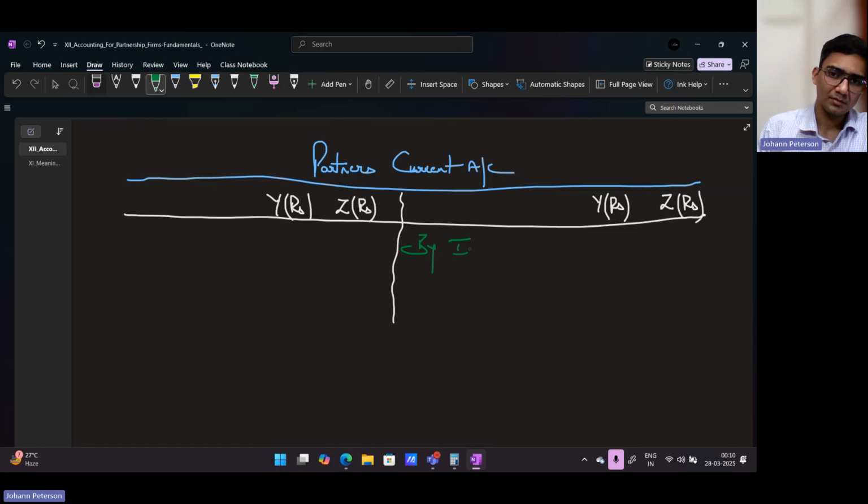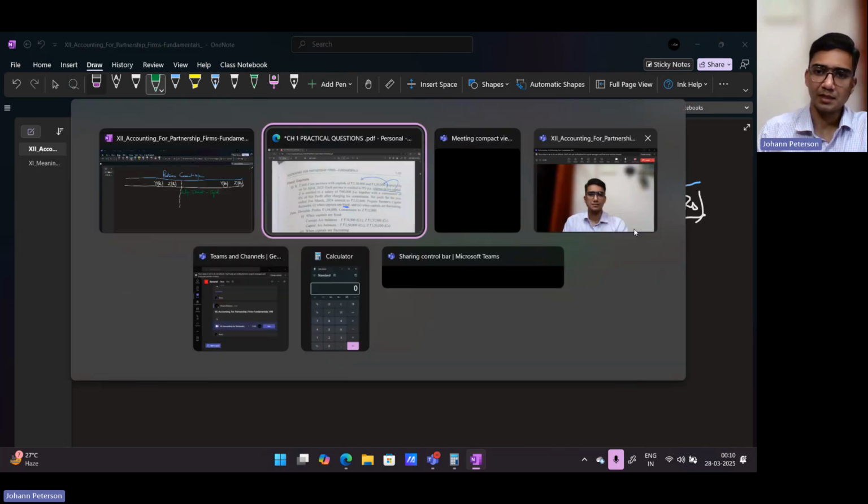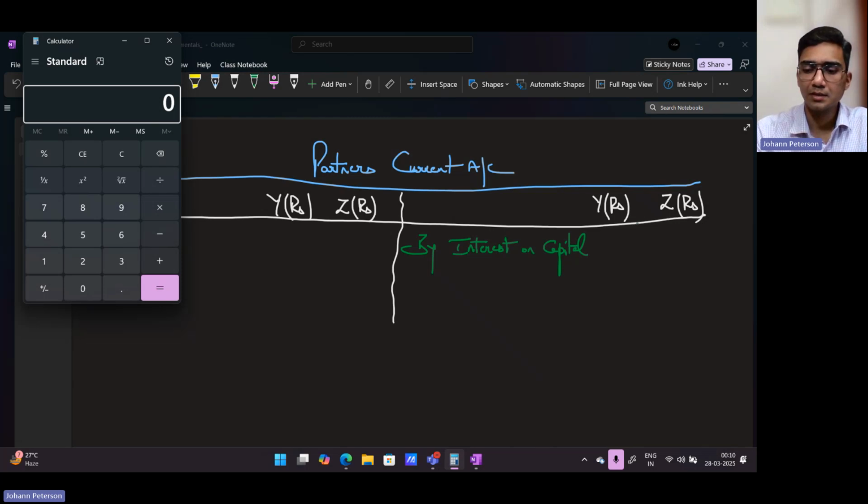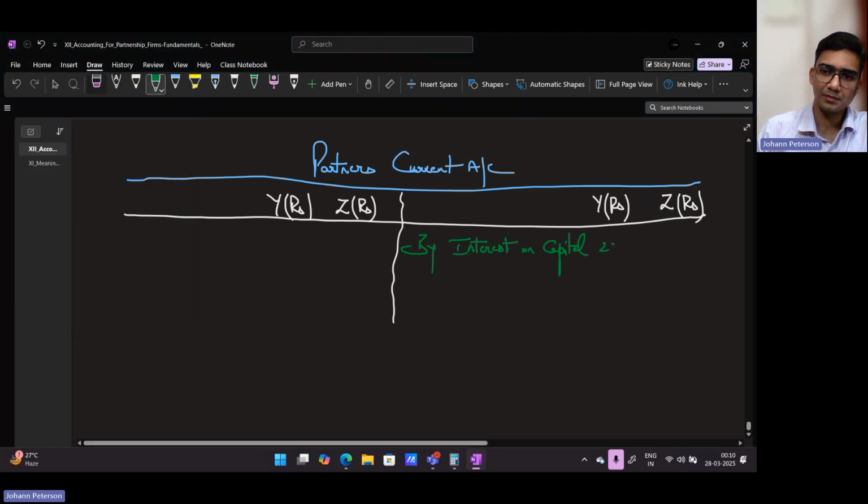So by interest on capital on 2 lakh 50 at the rate of 9%, 2 lakh 50 into 9%, 22,500. So this is the amount for Y.